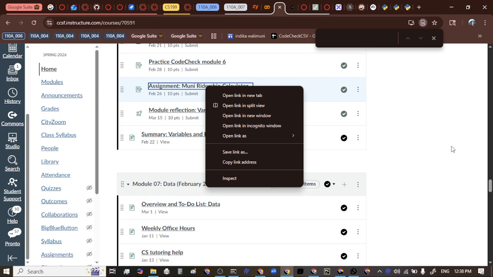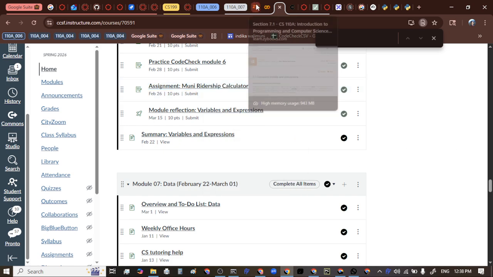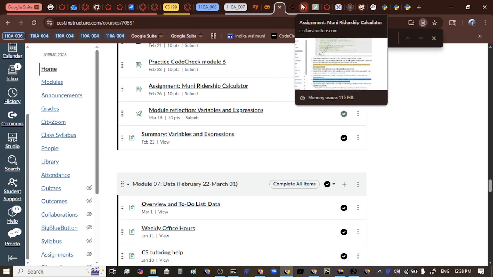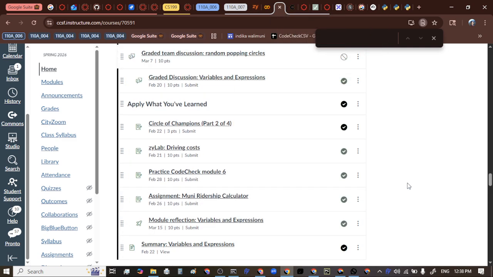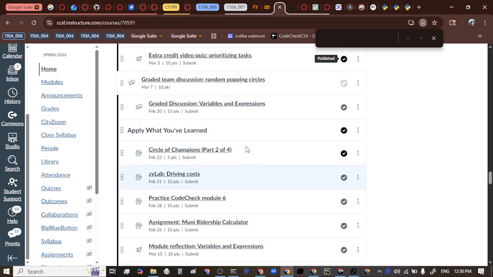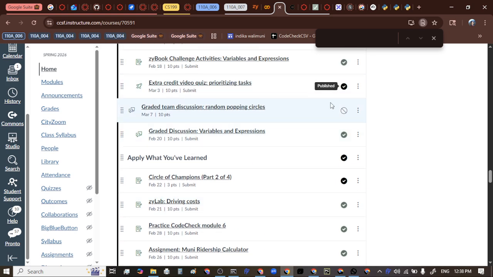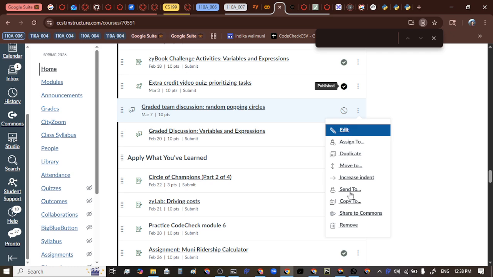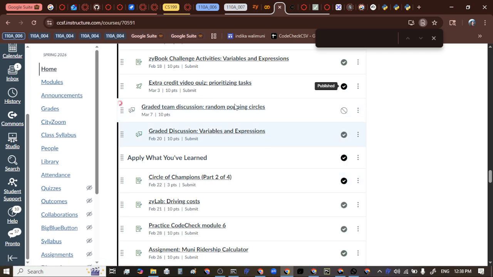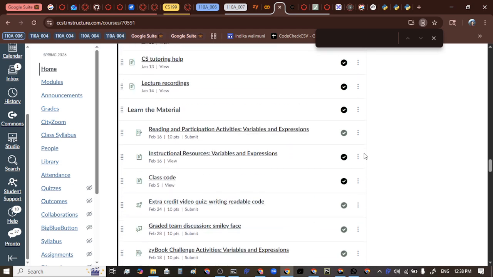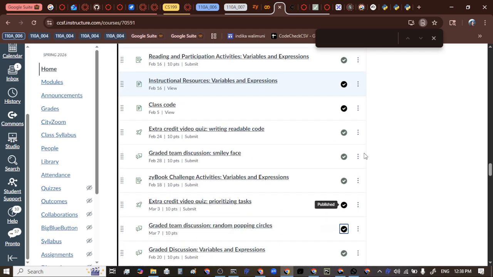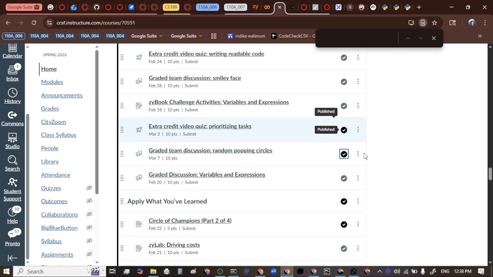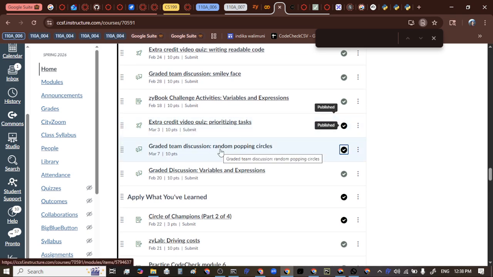Okay, all right. So with that, let's go to our topic today, which is random popping circles. This is a cool one. I just published it. It's in module 6, guys.